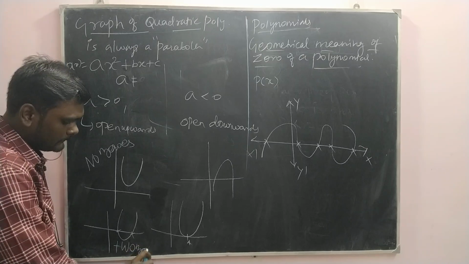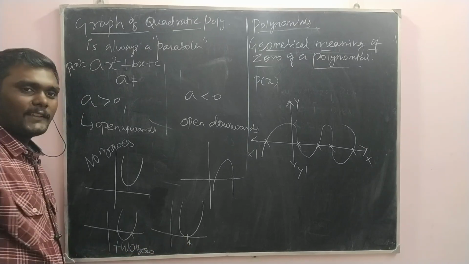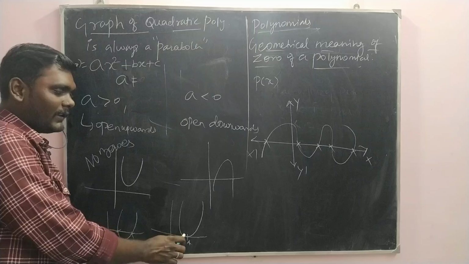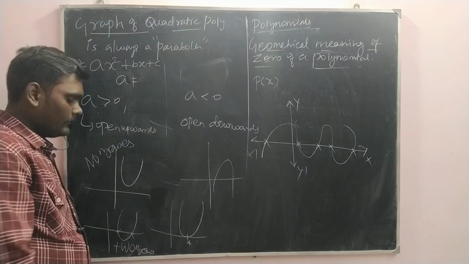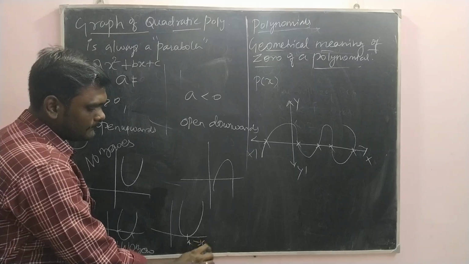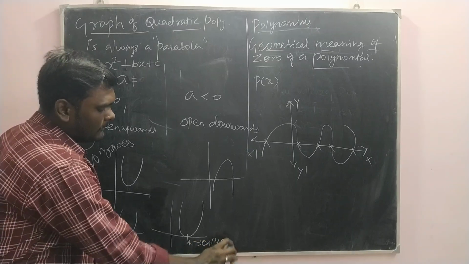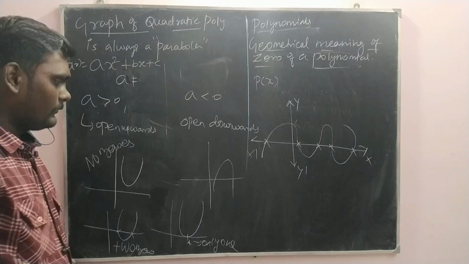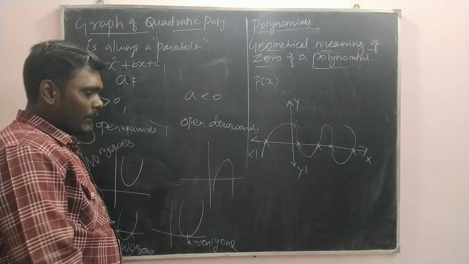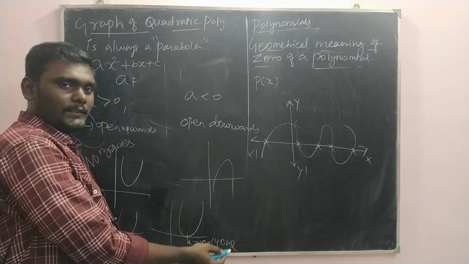Here it is intersecting at exactly 1 point, then how many zeros does it have? Only 1. Only 1 zero. Got it? Likewise, look at this one, open downwards.